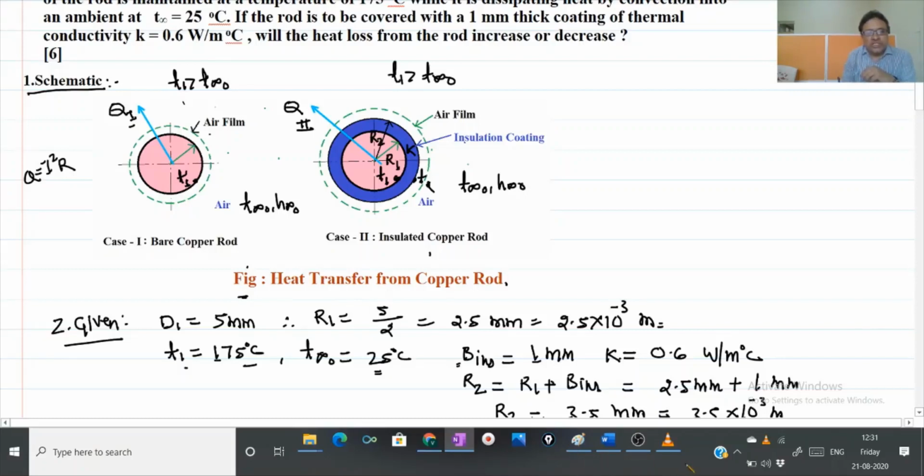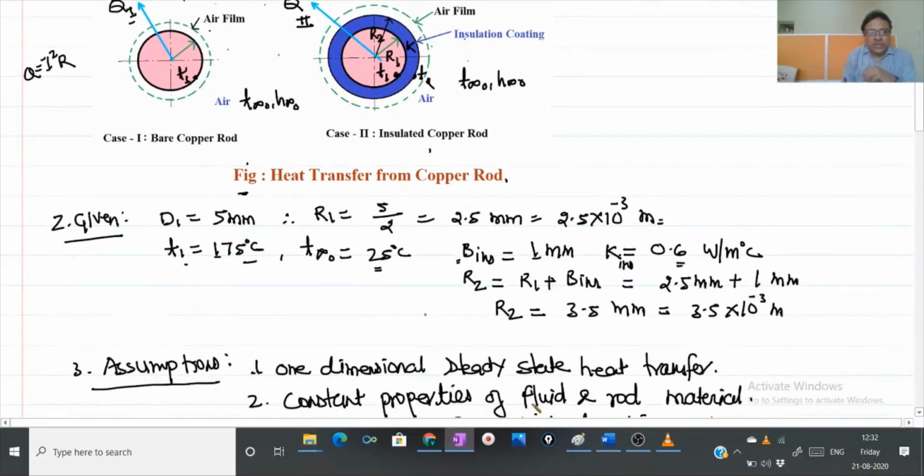Thickness of the insulation is given as 1 mm. Thermal conductivity of the insulating material is given as 0.6 watt per meter degree Celsius. So we can easily calculate the outer radius of insulation: R1 plus thickness of the insulation, 2.5 mm plus 1 mm. So the outer radius of the insulation material comes out to 3.5 mm, that is 3.5 into 10 to power minus 3 meter.